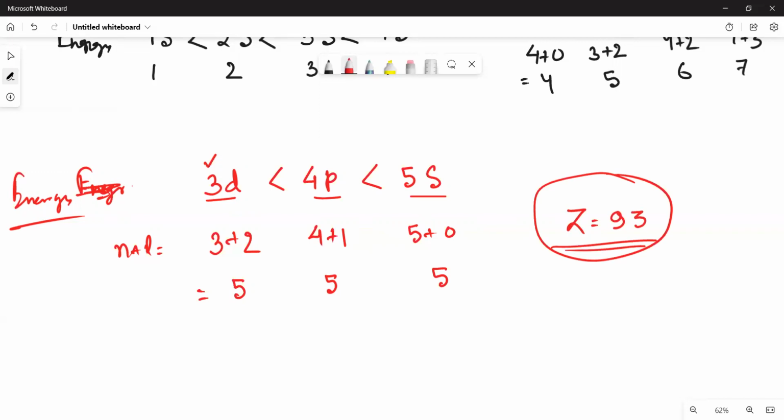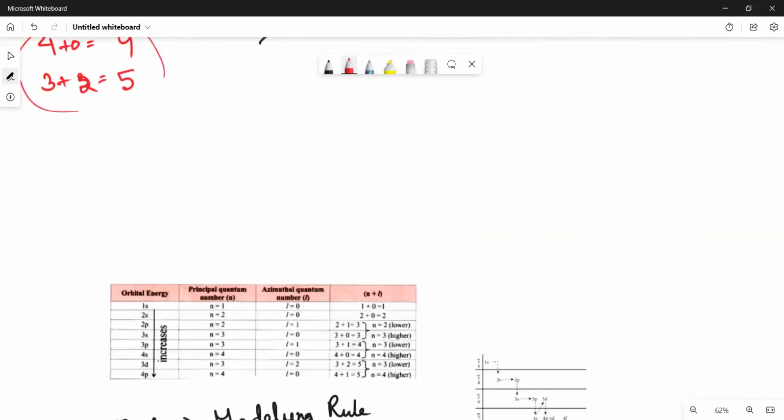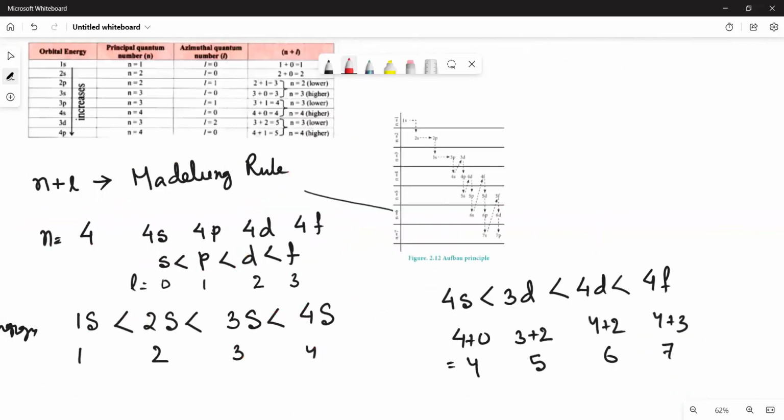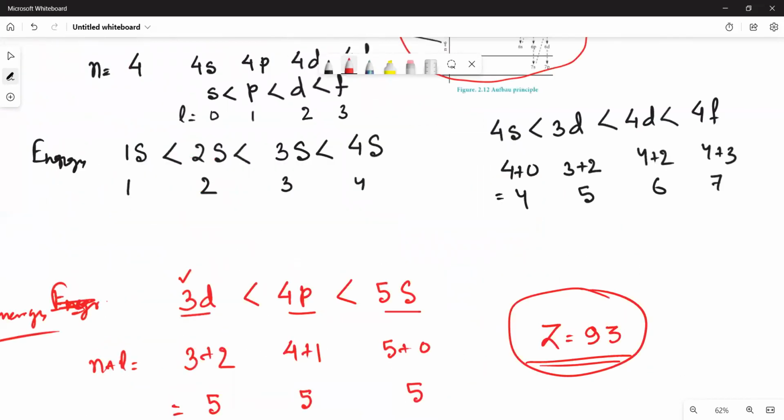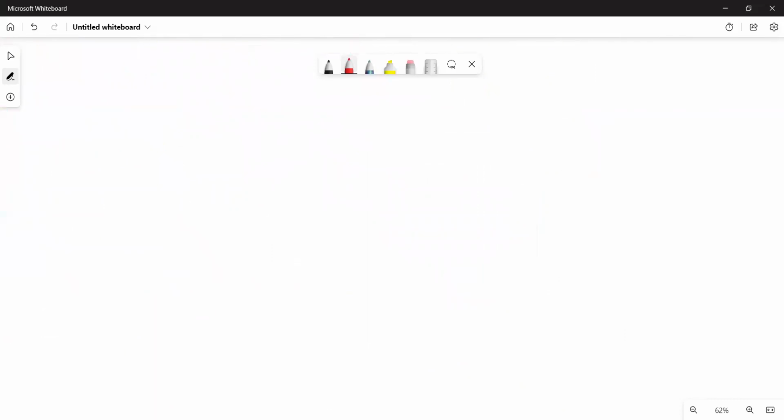It means if we have an element whose atomic number or proton number is 93, up to this the sequence that is told above is followed. But after 93, in the case of very heavy elements, the problem is that the effective nuclear charge will also increase as you move beyond 93.